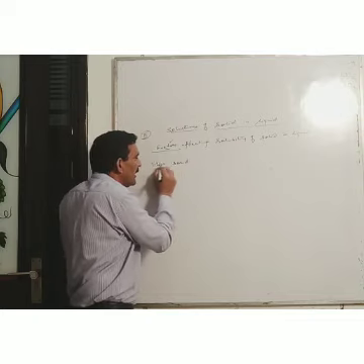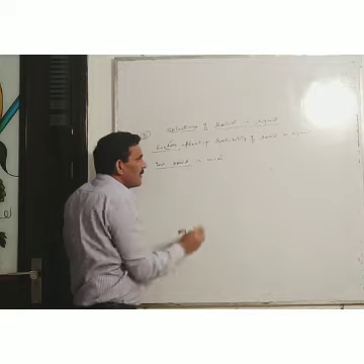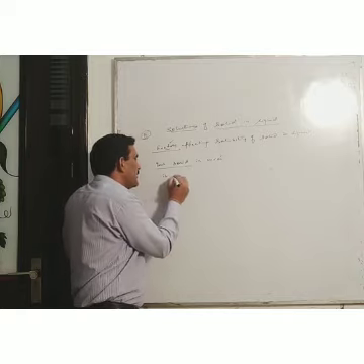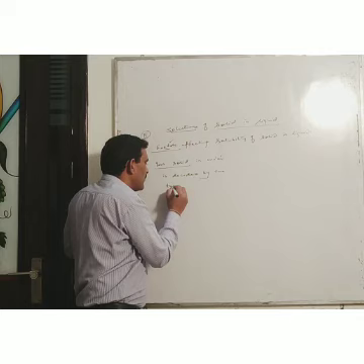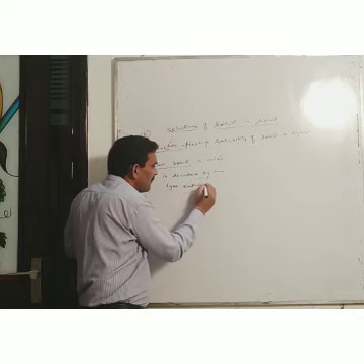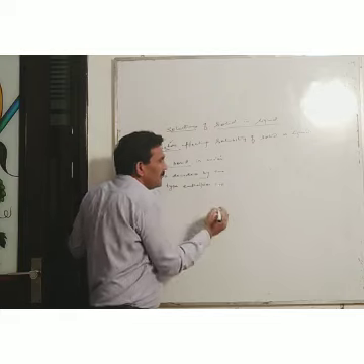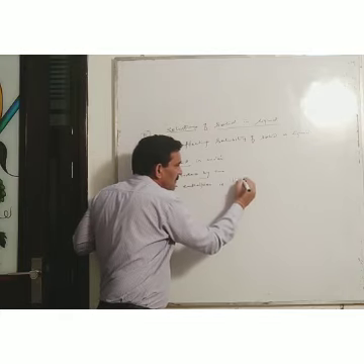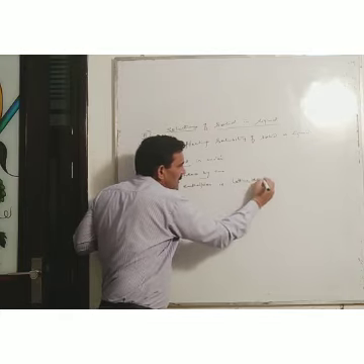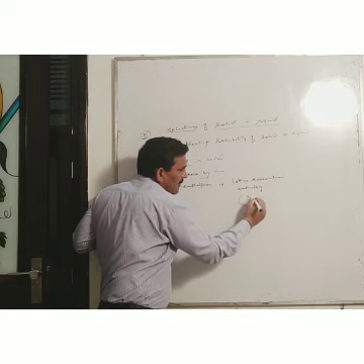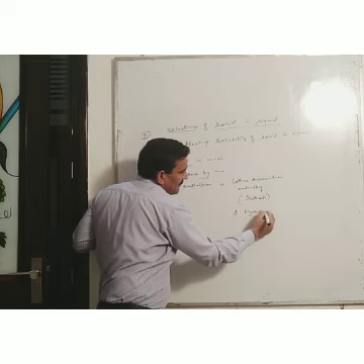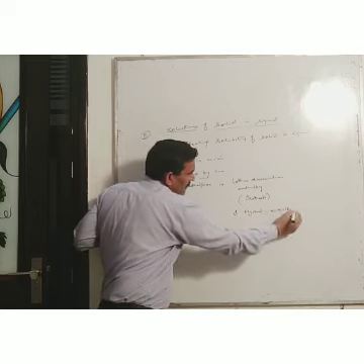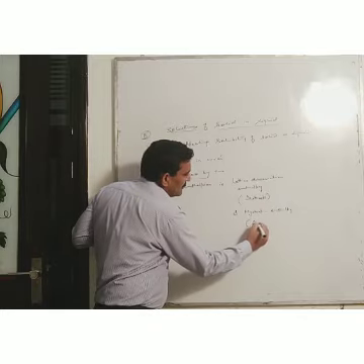Solubility of an ionic solid in water is decided by two type of enthalpies, that is lattice dissociation enthalpy, that is denoted by delta H lattice, and hydration enthalpy, that is also called heat of hydration.